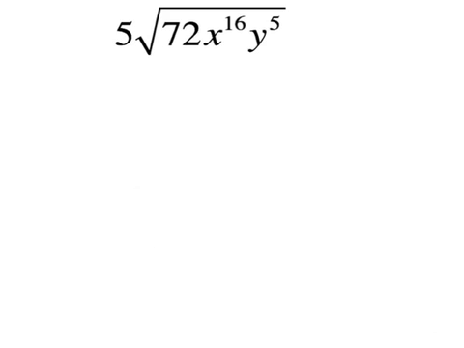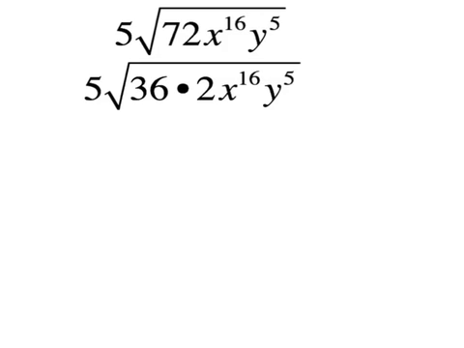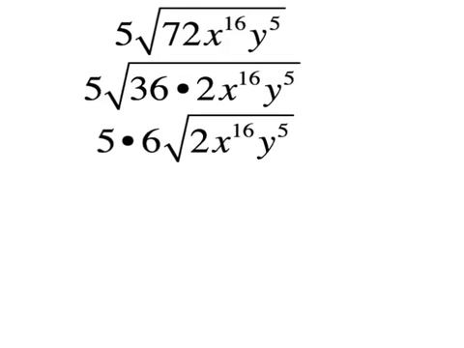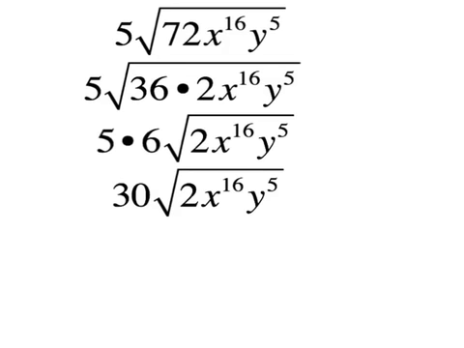Here's 5 times the square root of the quantity 72 x to the 16th y to the 5th. Well, we know that 72 is 36 times 2, and the square root of 36 is 6. We bring it out, we multiply it by the 5 that's already there, and we get 30. And now we look at our two variables. X to the 16th, of course, when we take the square root, we get x to the 8th. And y to the 5th, that's an odd number, but that's y to the 4th times y.